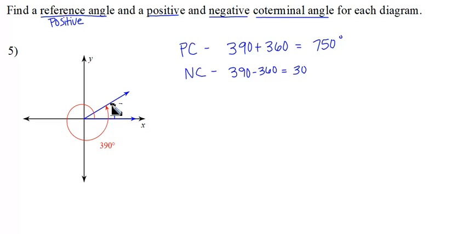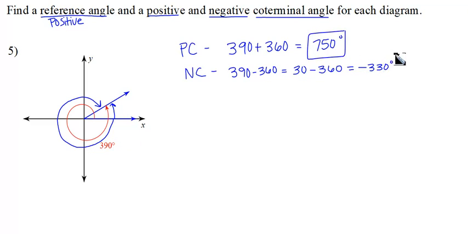The angle 30 degrees also terminates at that same location. But I don't want the positive. Let's subtract 360 one more time. Now I have a negative angle. This one tells me that if I start at 0 and I travel negative 330 degrees, I am going to land at the same exact place. So here's my positive coterminal, and here is a negative coterminal angle.